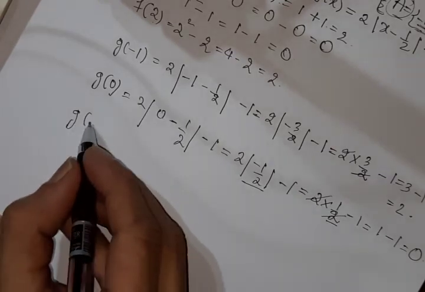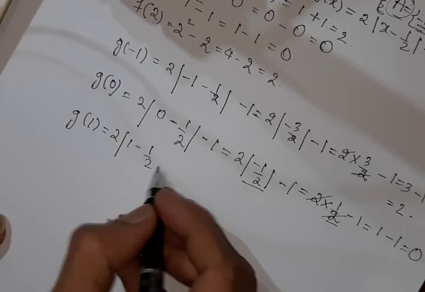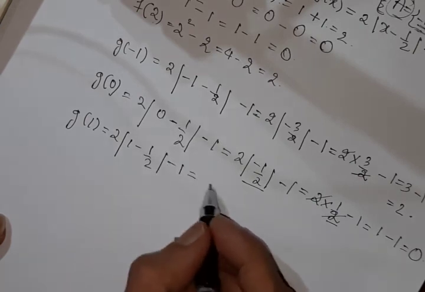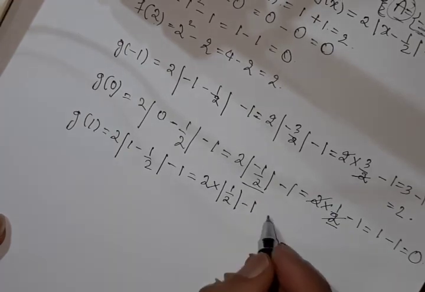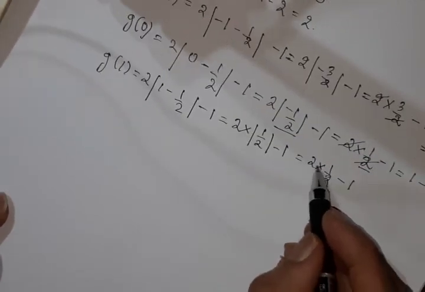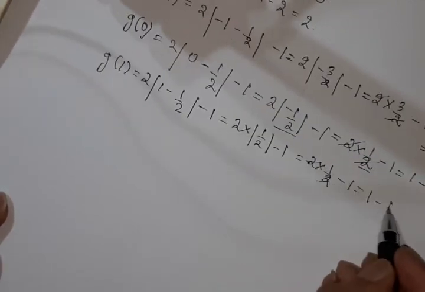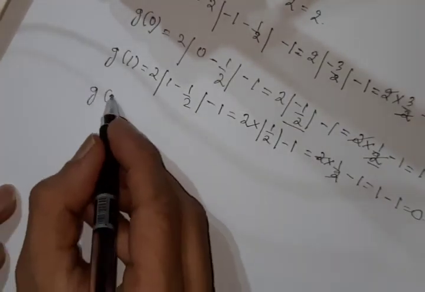Now let us check the third value, g of 1. So 2 times modulus of 1 minus half, minus 1, which is equal to 2 times modulus of half, minus 1, which is 2 times half minus 1. So 2 and 2 get cancelled, you will get 1 minus 1, which is 0. Now let us check g of the last value, that is 2.